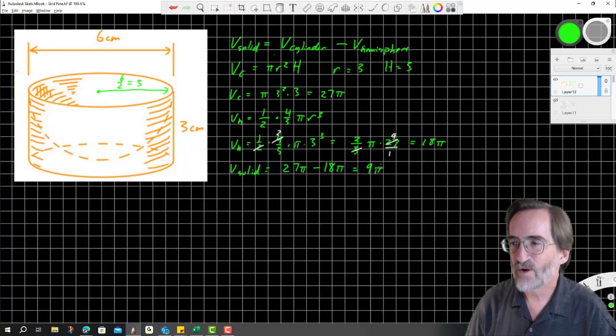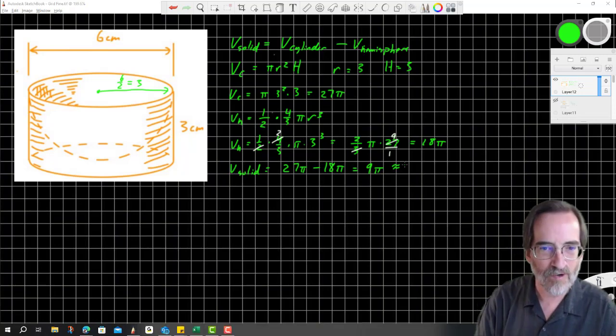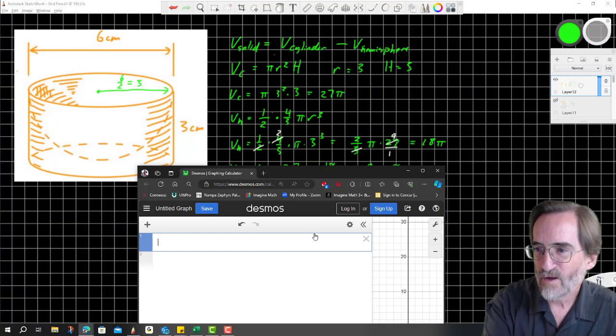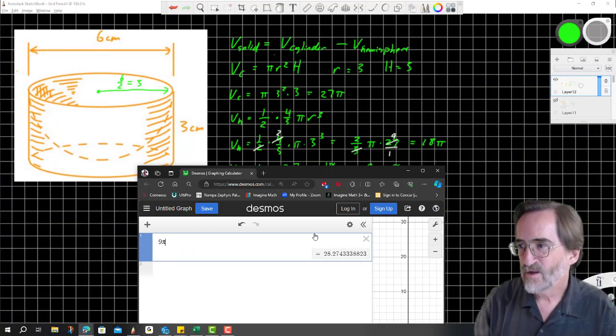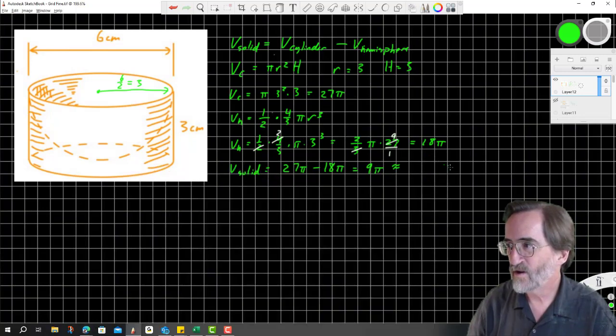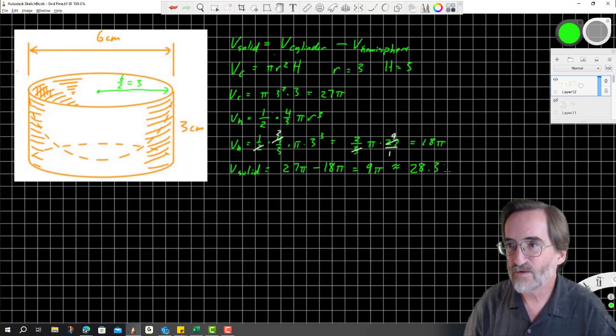Interesting, by the way, the ratio between these two is 2/3. So here we go. 9 pi, approximately, is 28.3. Okay, and that's cubic centimeters.